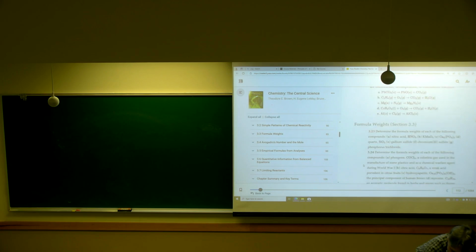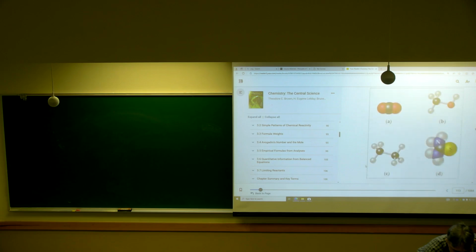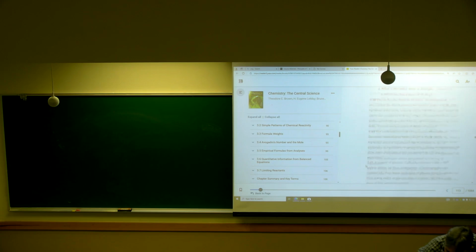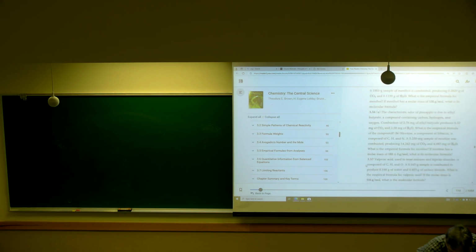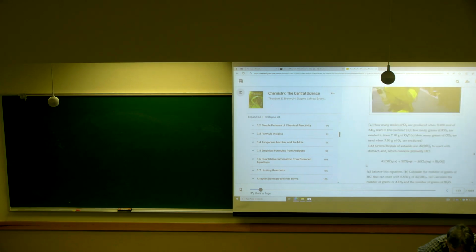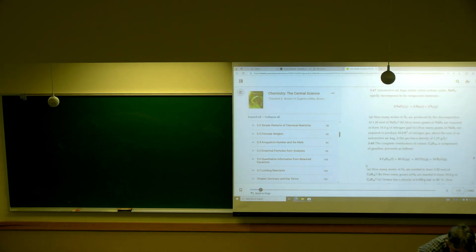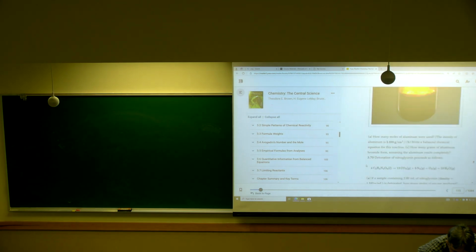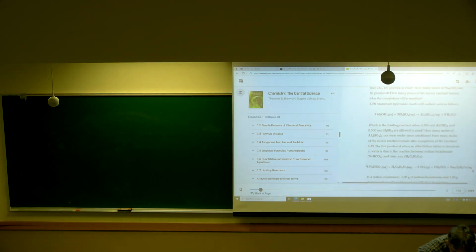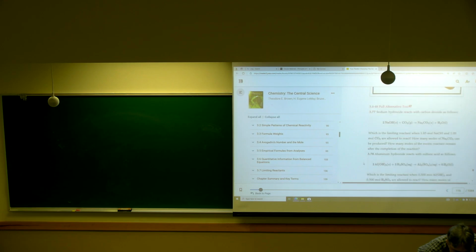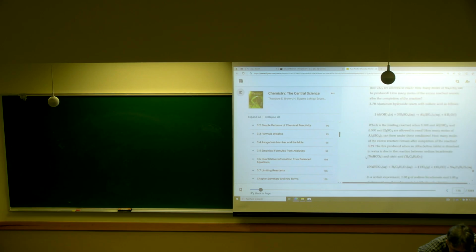All right. We've done formula weights. The only other thing, okay, let's go back to limiting reactions, limiting reactant. That's all the way down, starting at 77.